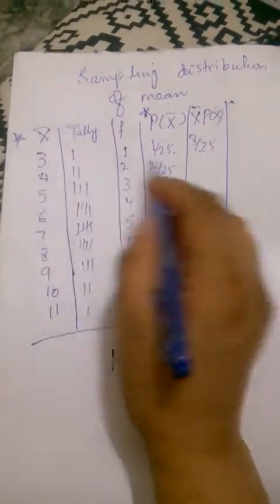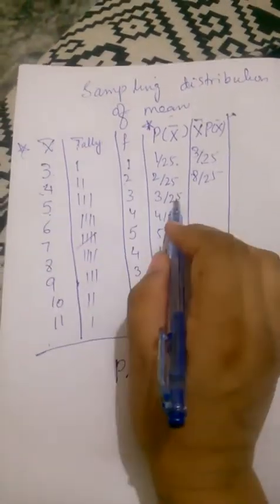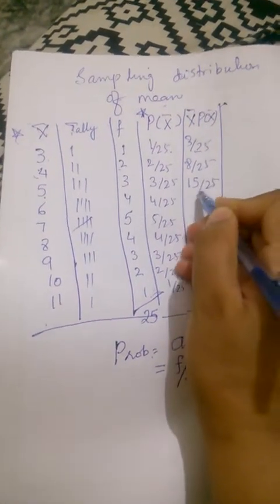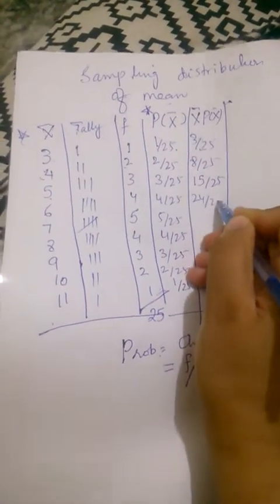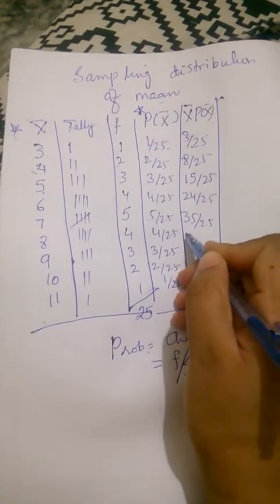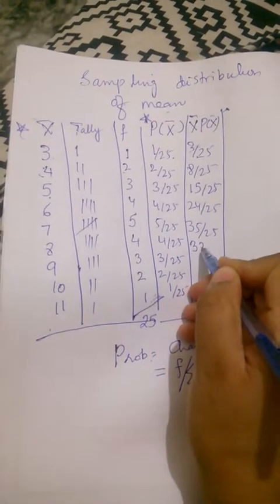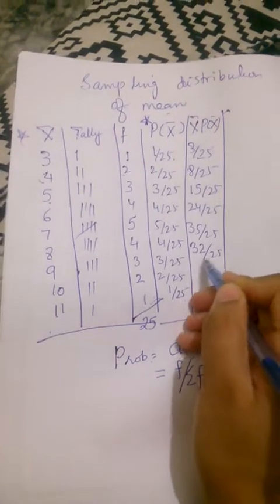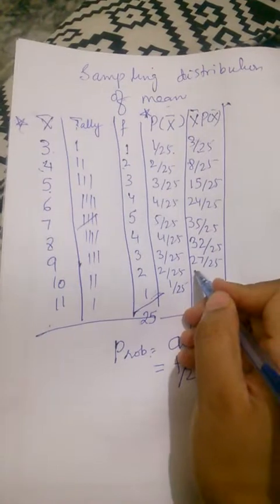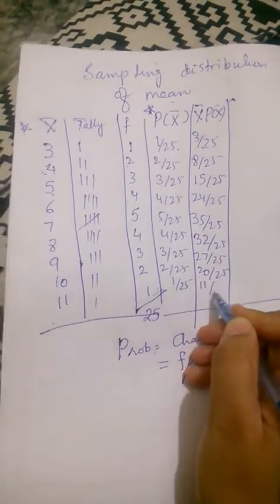Then 4 twos are 8, 8 over 25. Then 5 multiplied by 3, 15 over 25. Then 6 fours are 24, 7 fives are 35. Then 8 into 4, this is 32. 9 threes are 27, 10 twos are 20, and 11 ones are 11.